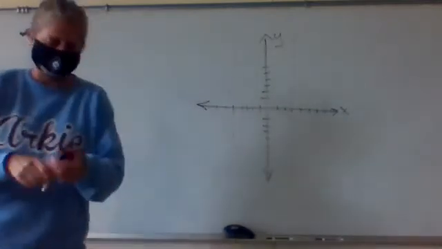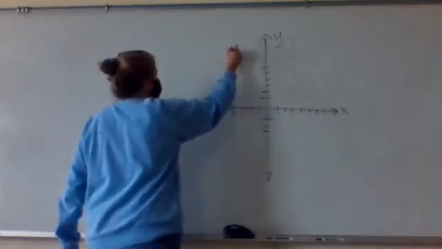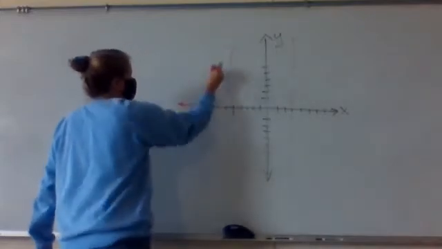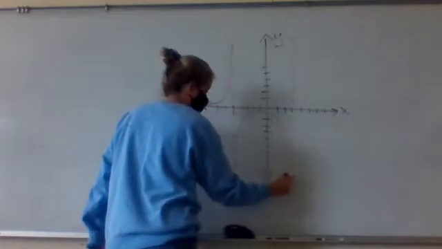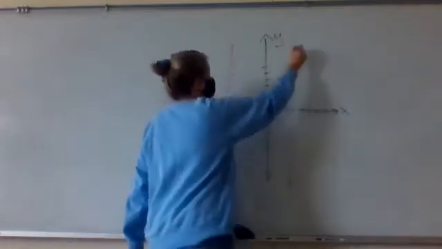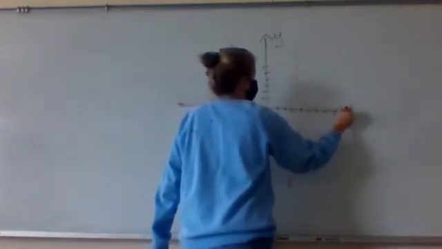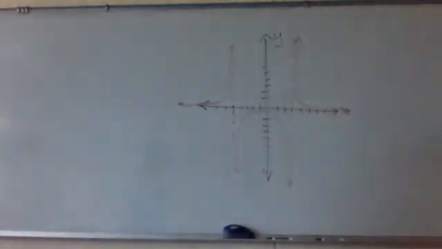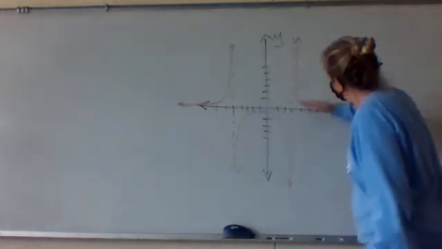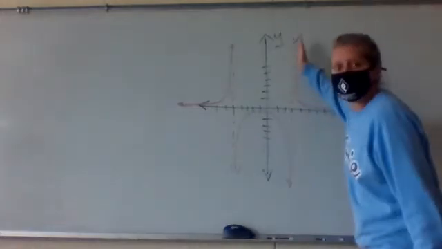It will look something like this. Here's what a vertical asymptote does. It is where your rational function comes, but it never crosses it.